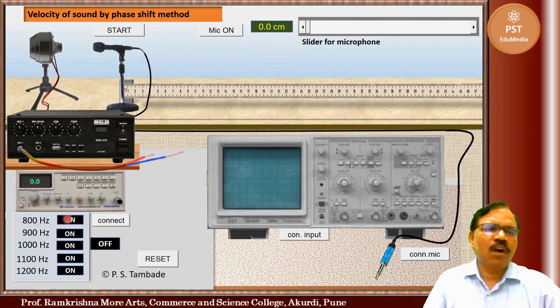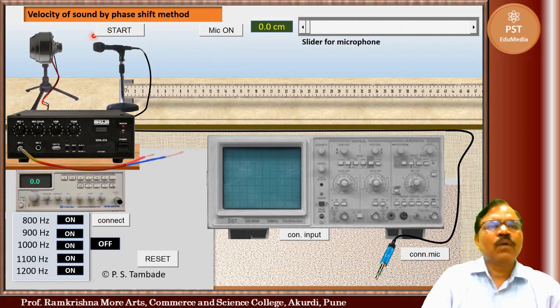If you click on the button, you will get an 800 Hz signal, and you will get the waveform of the 800 Hz signal here on the CRO. You can turn that sound off, and you can turn on 900, then you will get 900. To get the microphone signal, you have to turn on the microphone, then you will get the signal of the microphone.